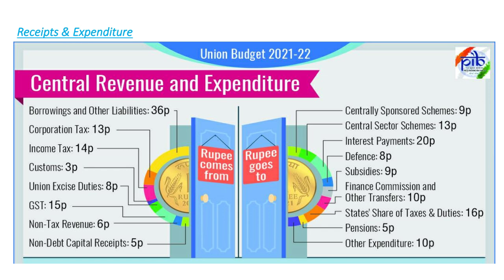Second is states' share of taxes and duties, 16%. And third, there are central sector schemes, that is 13 paise or 13%.